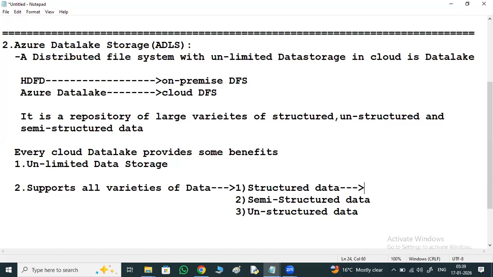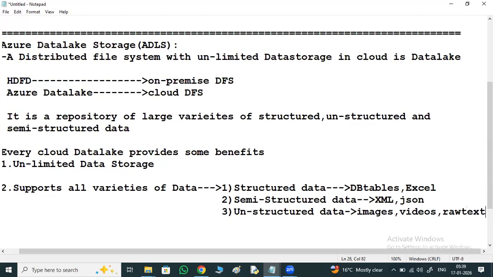Structured data like DB tables, Excel files. Semi-structured data like XML files, JSON files. Unstructured data like images, videos, raw text.